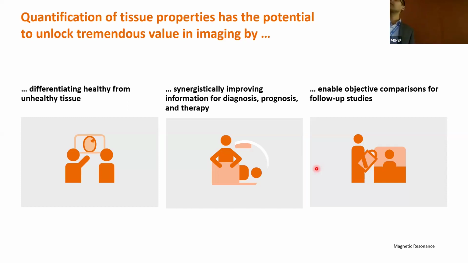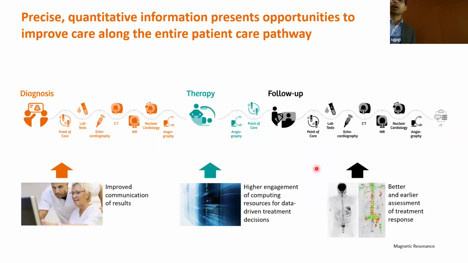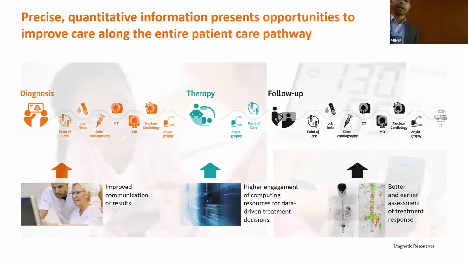So quantitative imaging forms an important part specifically when you want to be certain in diagnosis as well as the disease progression aspects. So quantitative imaging helps you in getting better diagnosis, therapy response, and the follow-up studies as well.